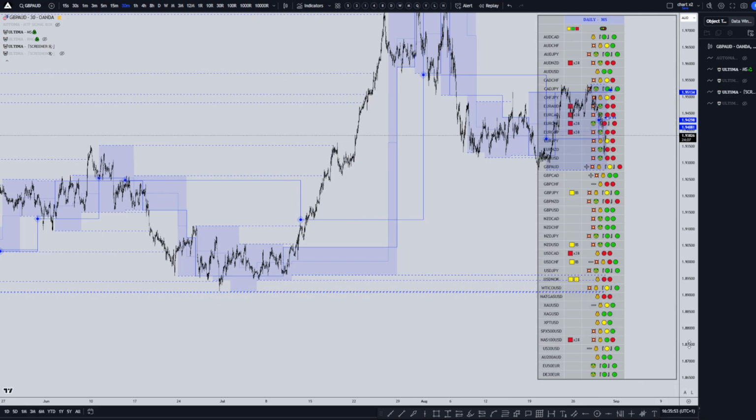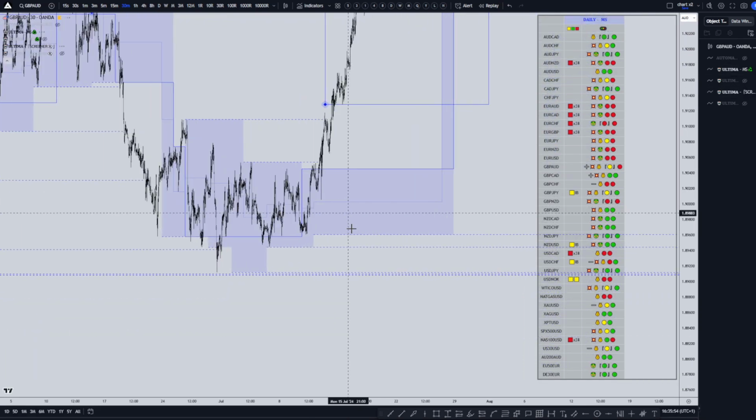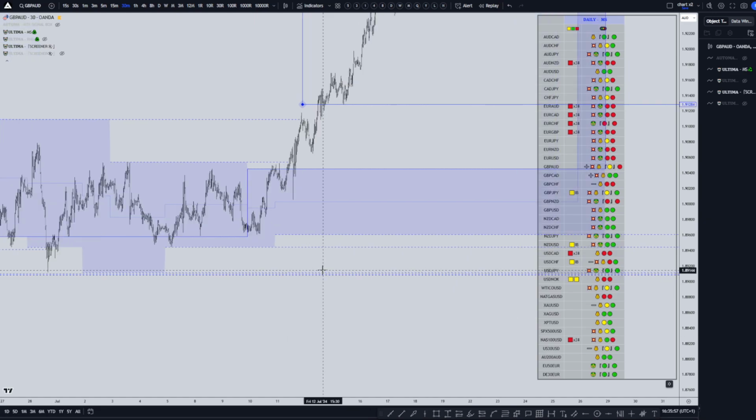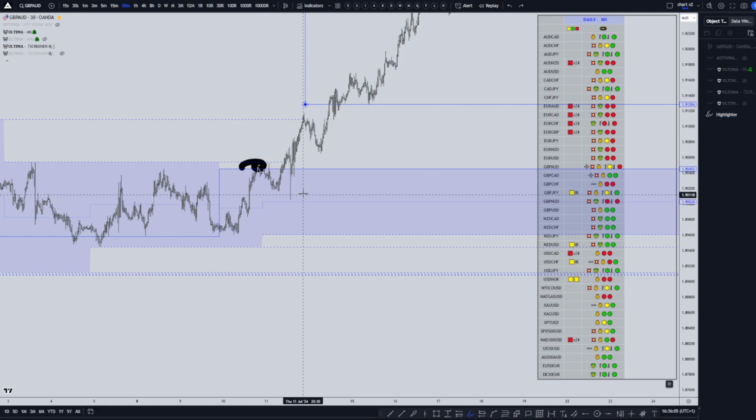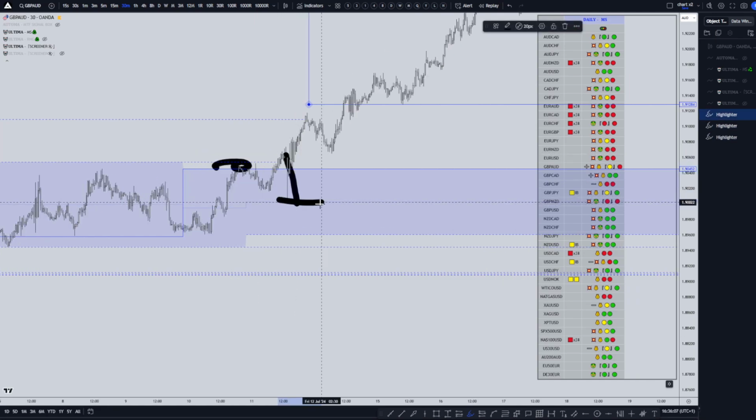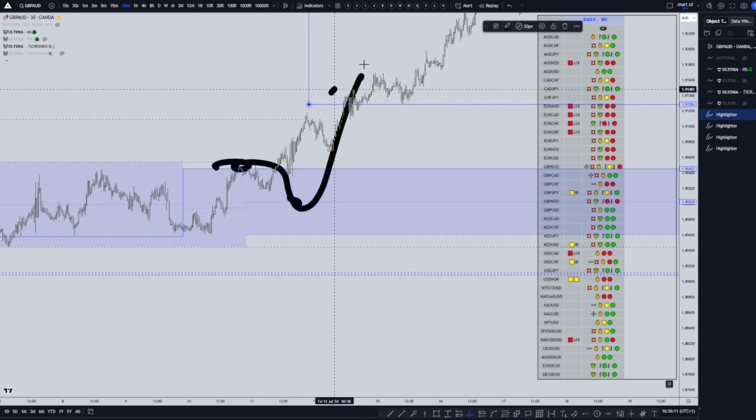Maybe a better example. Let's check here. We had a structural break right here. Unfortunately, we didn't pull back, but if this was a dip to 50%, that would be exactly a bullish ICI for continuation.